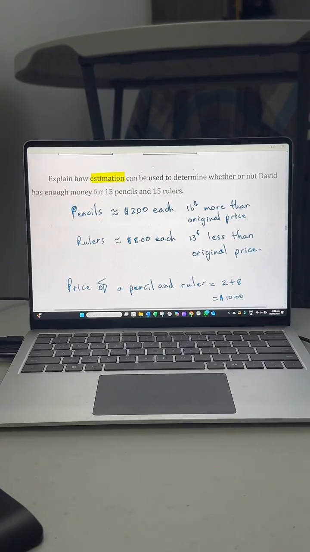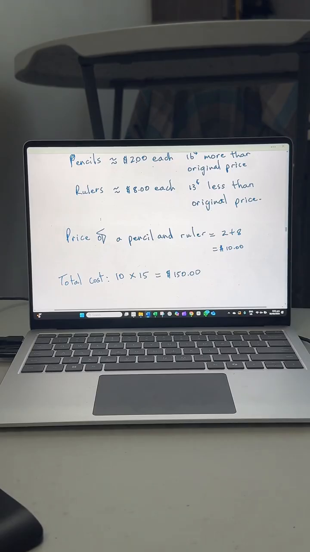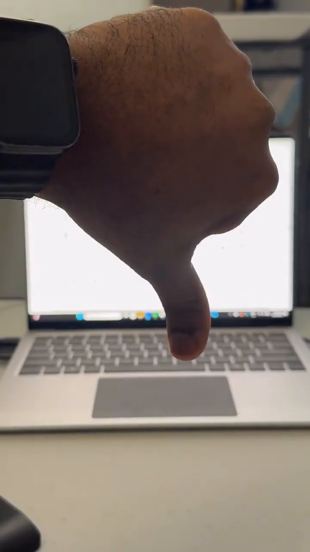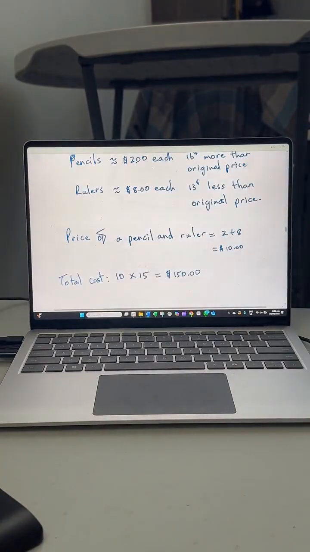So with my estimation, do you all think we would have enough? Yes or no? Yes. Very good, Anna. Yes, we do have enough.